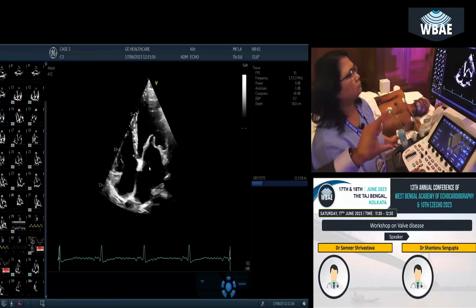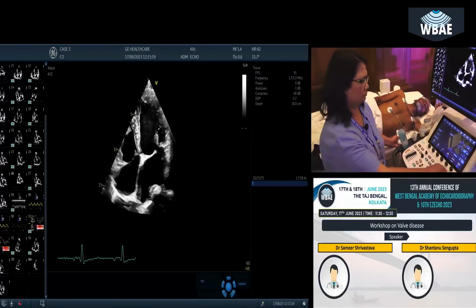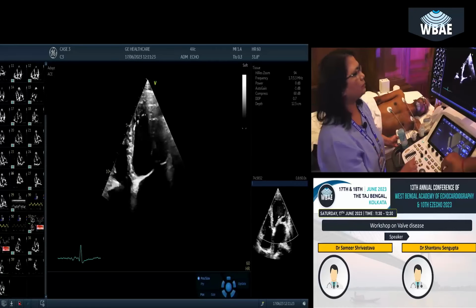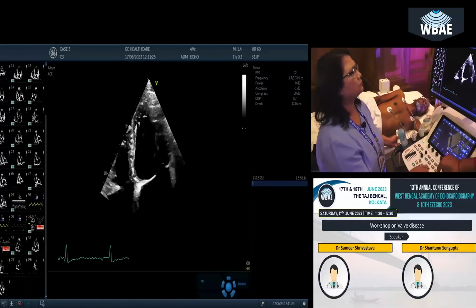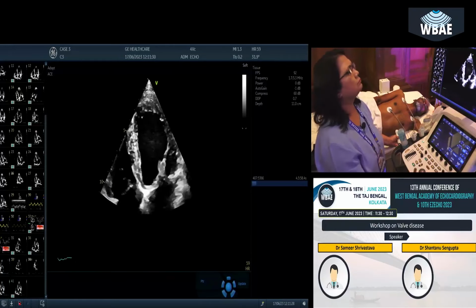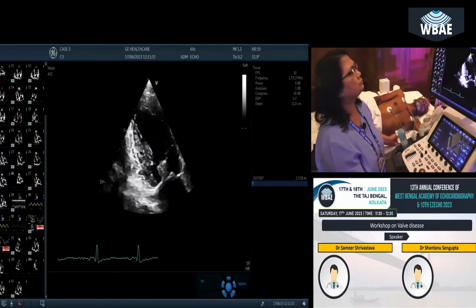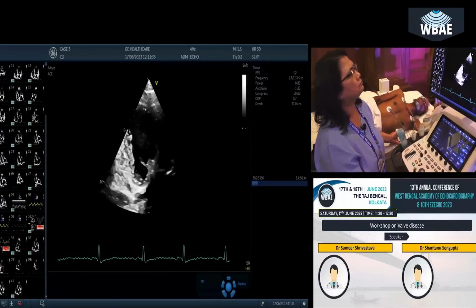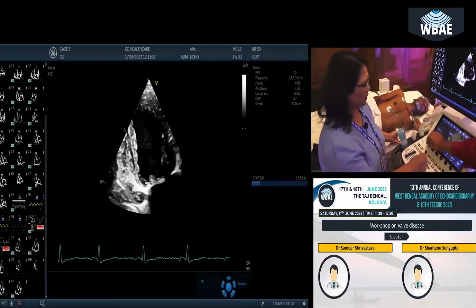Normally, from the annulus to the roof of the LA, if it is 6 centimeters, LA is enlarged. The mediolateral from septum to the lateral wall, if more than 4, it is enlarged. But that is rough. There is also an ellipsoid method to get LA volume, a three-diameter way of getting the LA volume, which is fairly okay.